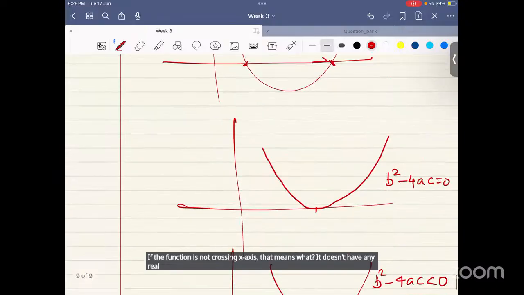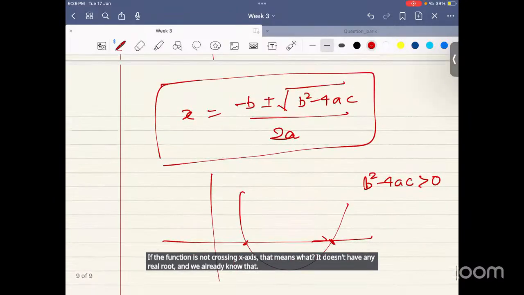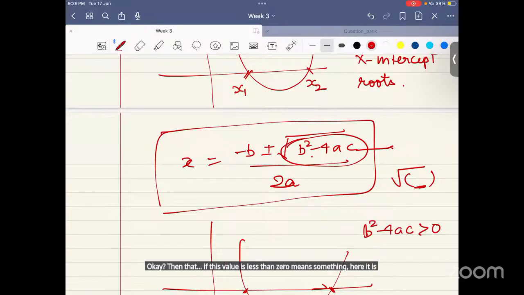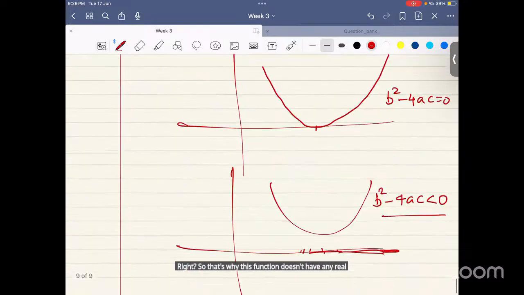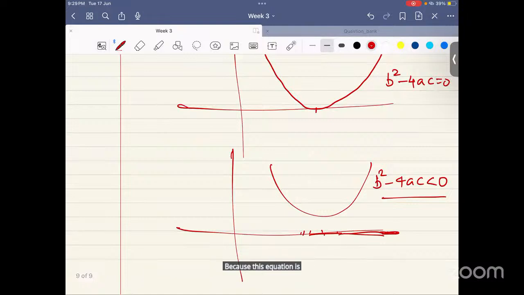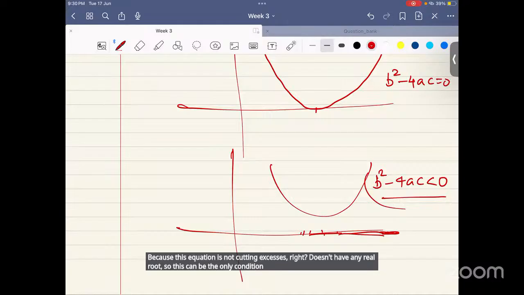And we already know that for a discriminant, if this value is less than 0, it is negative, so you will not get a real root. It will be some form of complex root. So that's why this function doesn't have any real root, and that's why they guessed it. This can be the only condition.